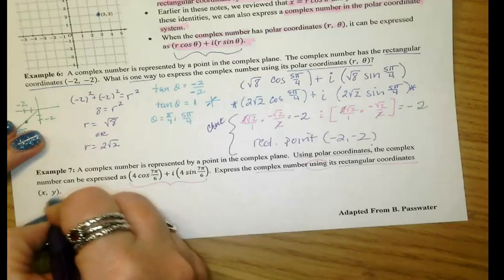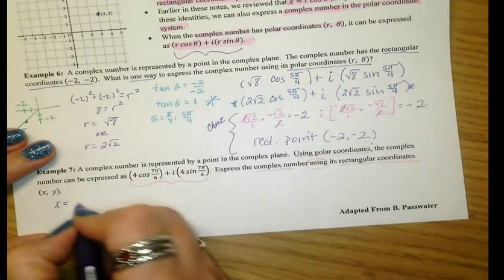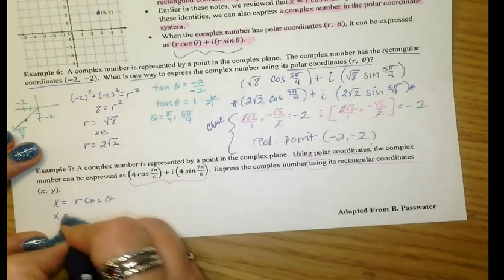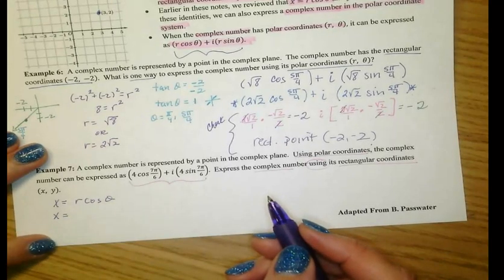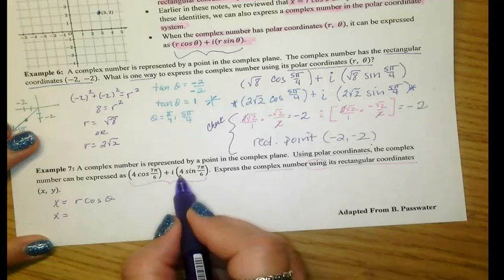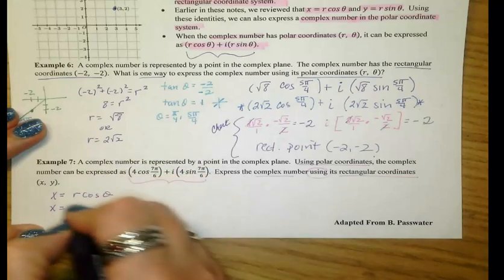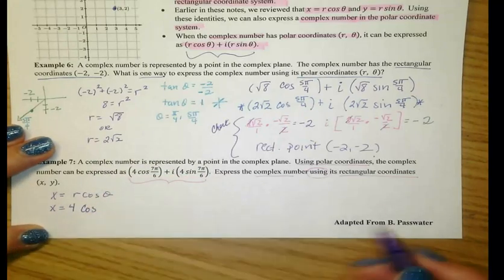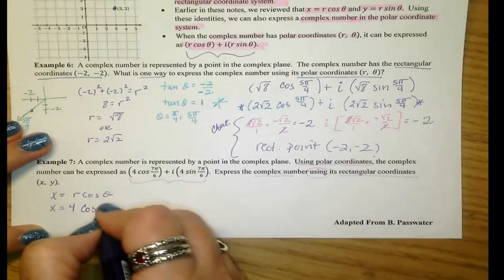So I'm going to start by finding x first. So remember, we're using r cosine theta. So in the case of my particular problem, what is my r going to be? And we can see the r from this form is 4. So we're going to say 4, and then cosine, and then what's my angle? 7 pi over 6.